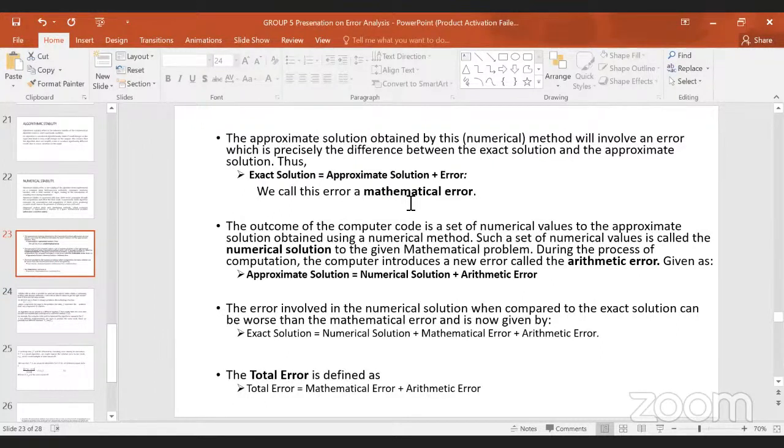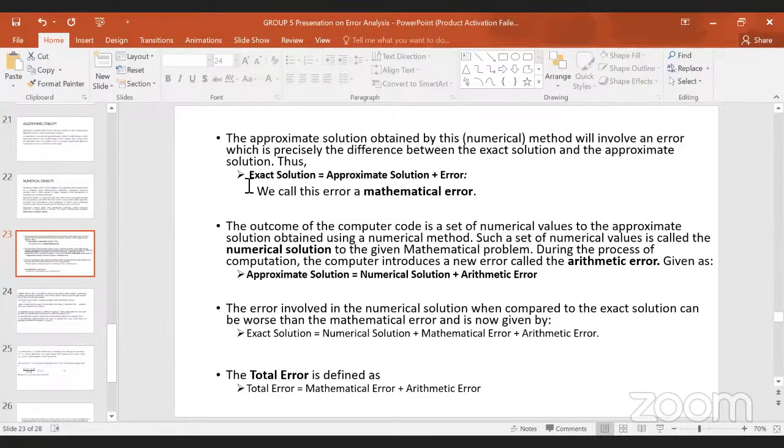Now, the outcome of the computer code is a set of numerical values for the approximate solution obtained using a numerical method. Such a set of numerical values is called a numerical solution to the given mathematical problem. During the process of computation, the computer introduces a new error called the arithmetic error, given as: approximate solution equals numerical solution plus arithmetic error.